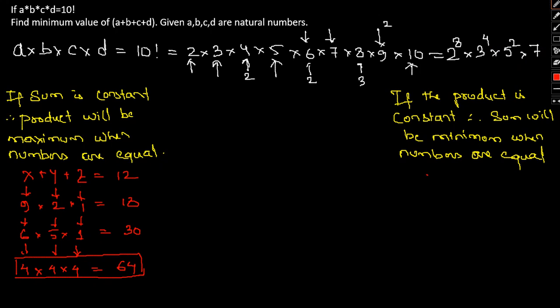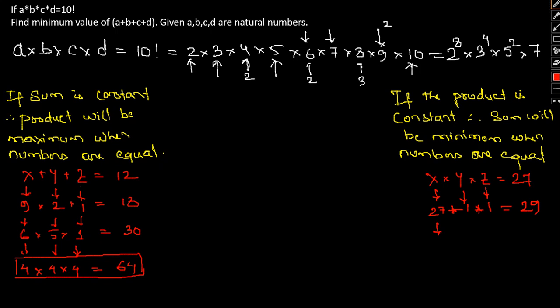Suppose we have x into y into z equal to 27. So this 27 can be actually written as say 27 into 1 into 1. So if we add the same, 27, 1 and 1, we get 29. Okay.